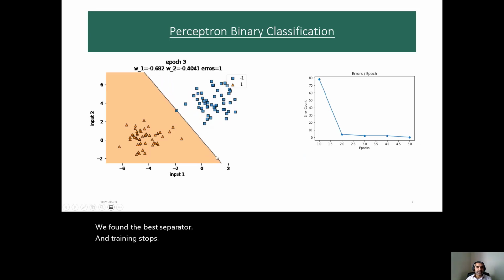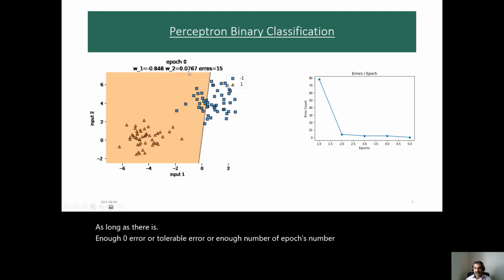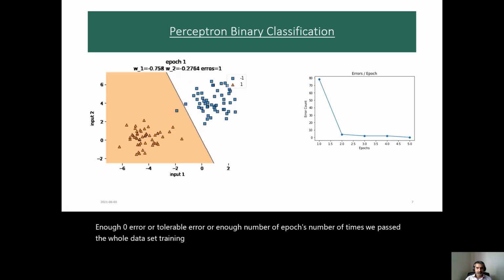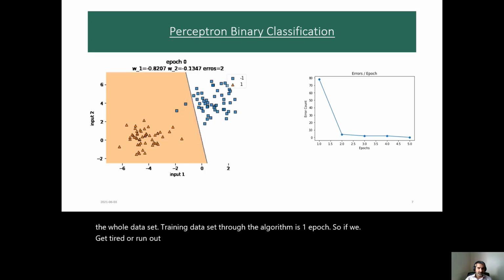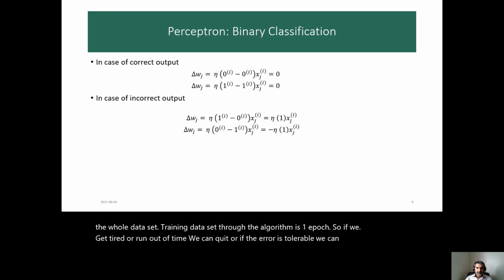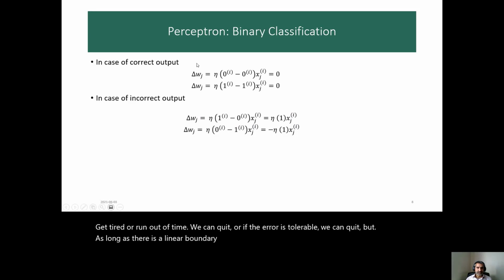So as long as there is 0 error, or tolerable error, or enough number of epochs, where one pass of the whole training data set through the algorithm is 1 epoch, we can quit. If we get tired or run out of time, we can quit, or if the error is tolerable, we can quit. But as long as there is a linear boundary, Perceptron is bound to find that.